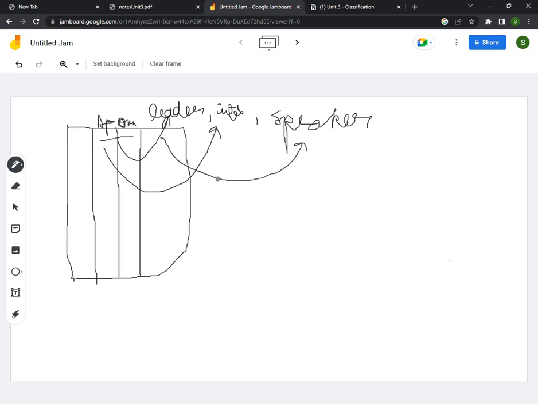Now we are given a data set, a training data set. Suppose there are 10 such data points given. Student names are given, and apart from the name, we are told whether the students are leader, intel, or speaker.